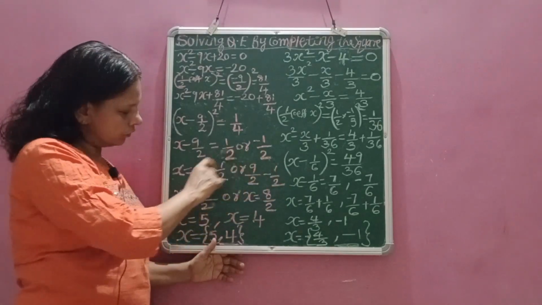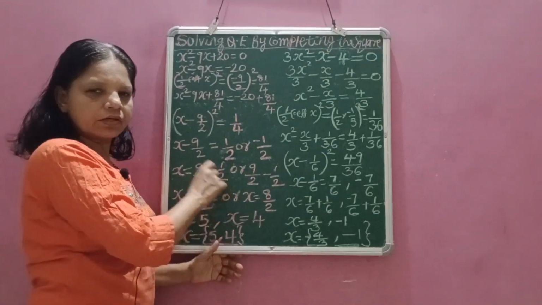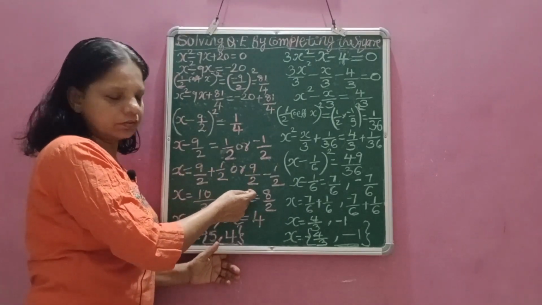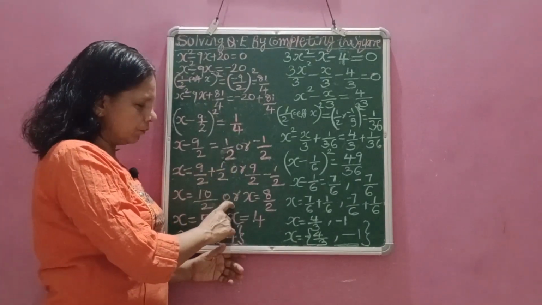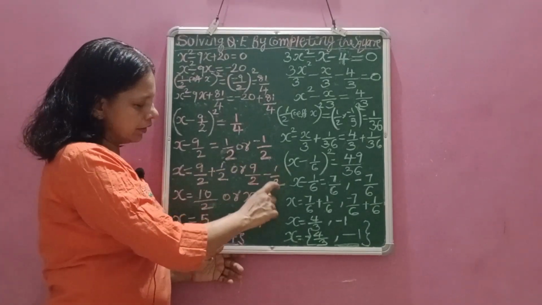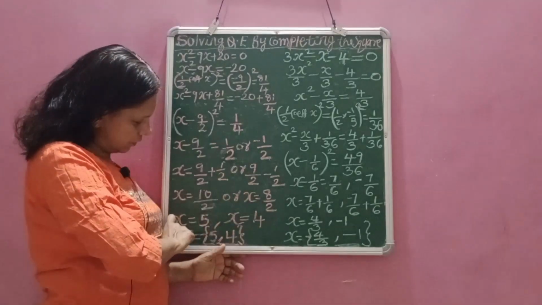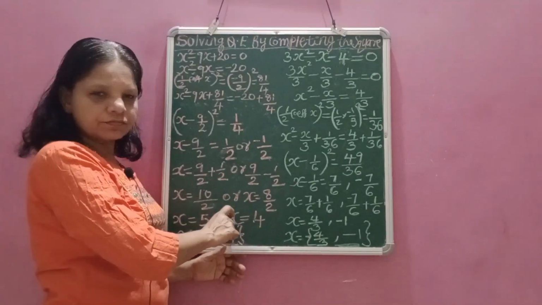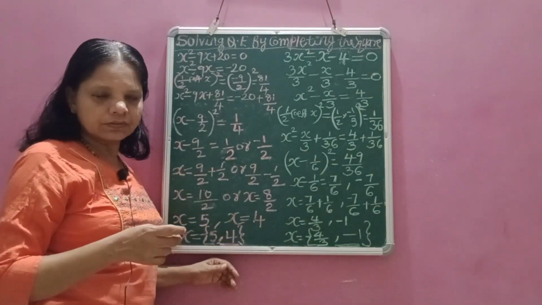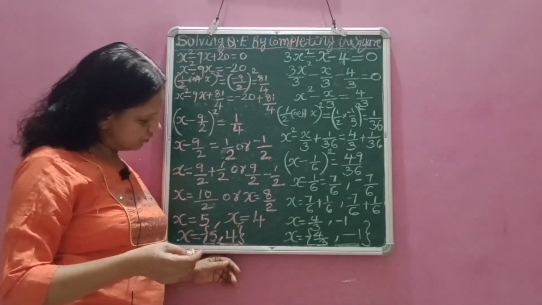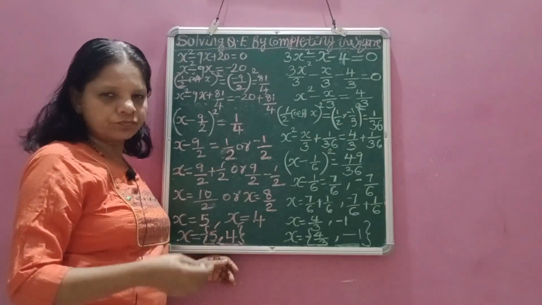Clear that? So when the denominator is same, we can add or subtract the numerators. So 9 plus 1, 10 upon 2, or 9 minus 1, 8 upon 2. So x is equal to 5 or x is equal to 4. Two values we got. Clear? So solution is 5 and 4.